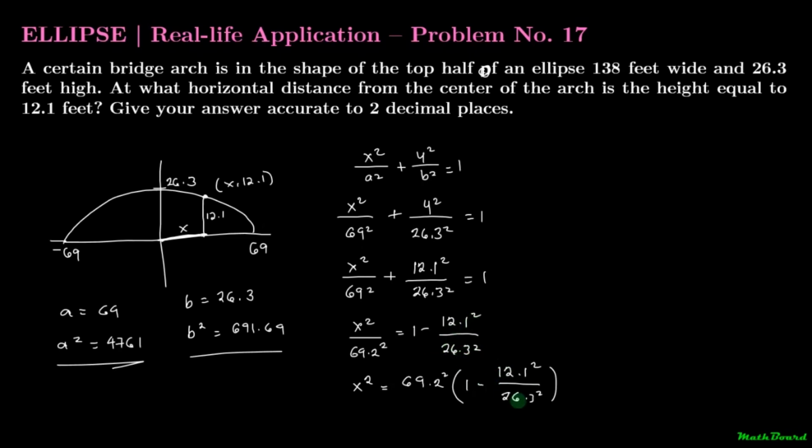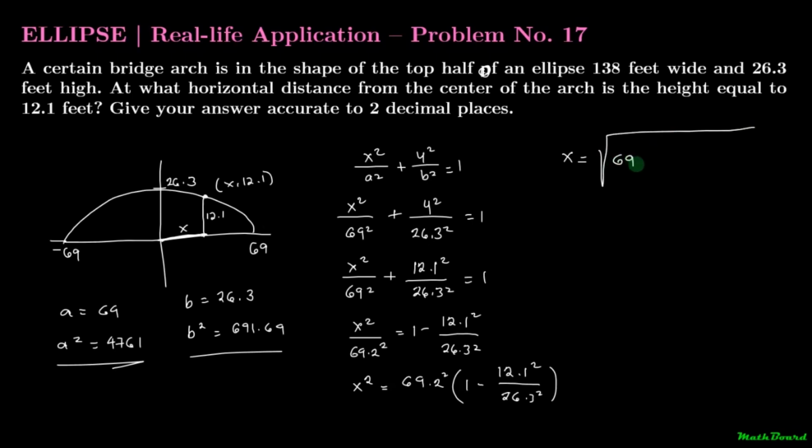Kung gusto mo namang i-decimal na agad dito, pwede, pero medyo magkakaroon ng discrepancy sa sagot. Ngayon, ang hinahanap mo ay x, so i-extract mo na yung square root. Tanggalin mo na lang yung square, then gawin mong square root. Kaya x equals square root of 69 squared times 1 minus 12.1 squared divided by 26.3 squared. Ito yung kagandahan nito, class.